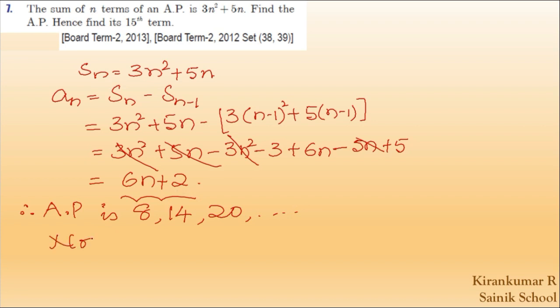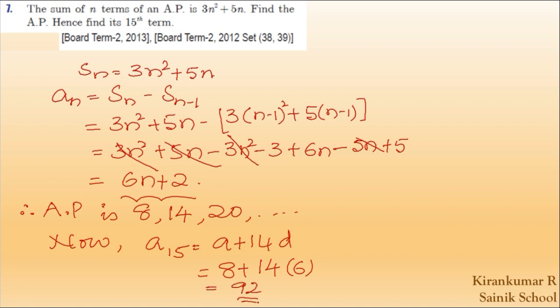And we are asked to find the 15th term, which is A plus 14 times D. And A is 8. The common difference is 6 here. So on simplification, we get it as 92.